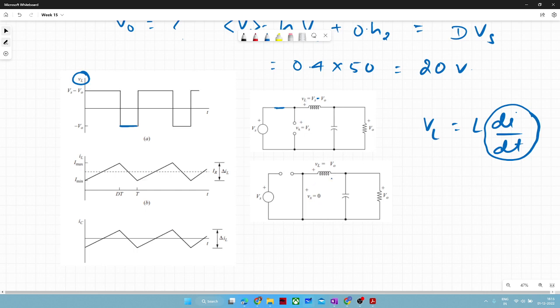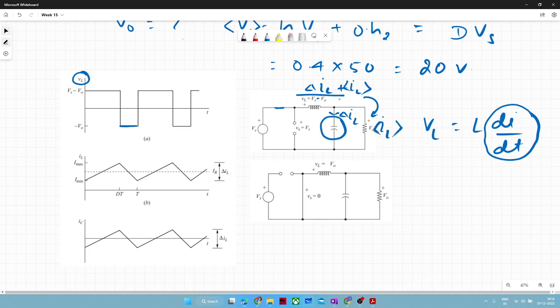And since this capacitor is connected directly across this inductor, whatever ripple that inductor has will try to flow through the capacitor. And whatever the average value is, this will try to supply to the load.